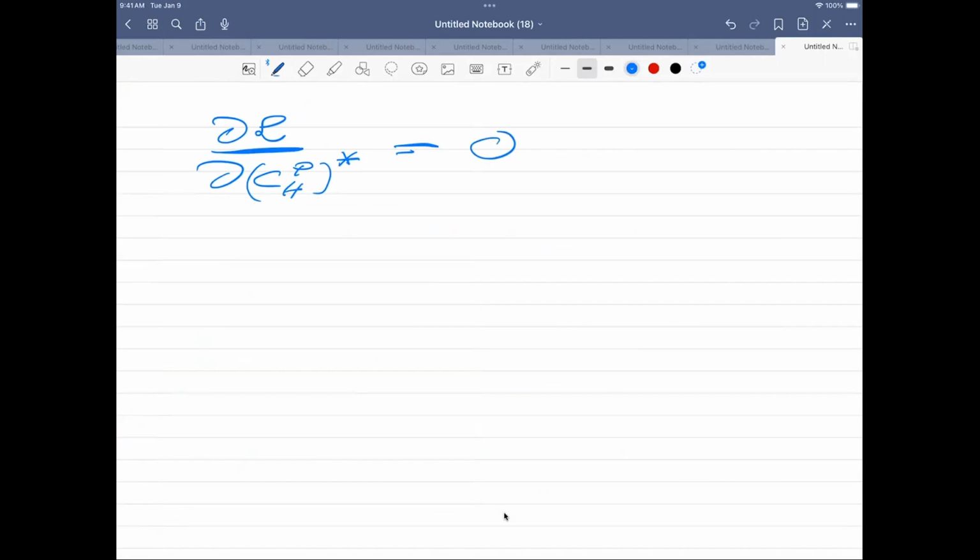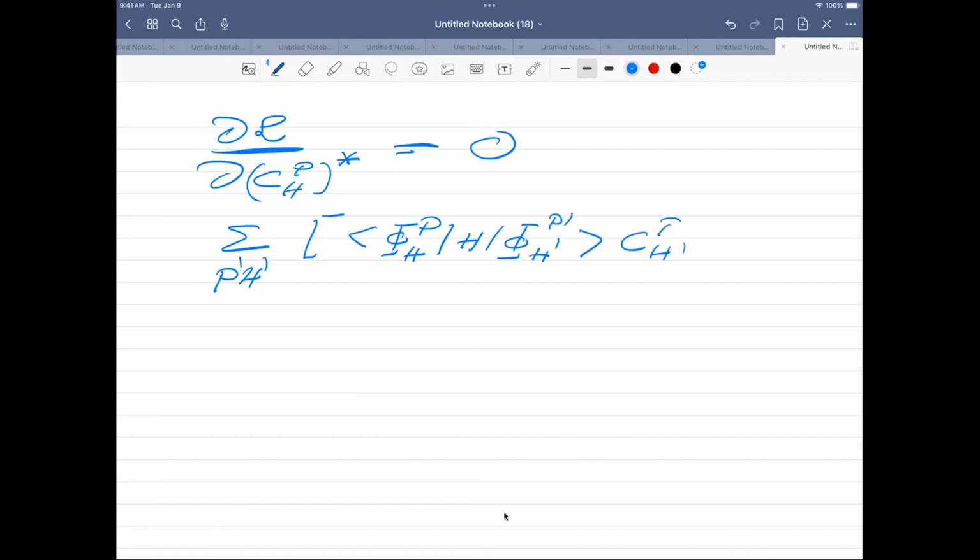And when we did that, what we ended up with last time was simply a sum, because then we pick P and H. So we have only a double sum over P prime and H prime. And this contains then a phi of H of P, and then I have H, and then I have my phi of H prime of P prime, multiplied with this C H prime, P prime.